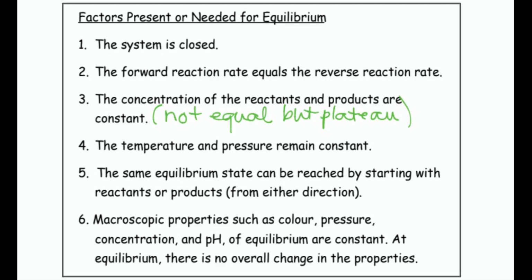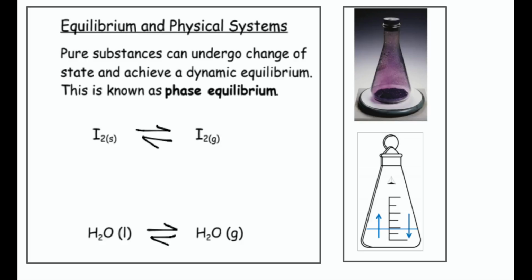But once you get to equilibrium, so the state where forward reaction is occurring at the same rate as reverse reaction, you no longer have any changes to these properties in 6.